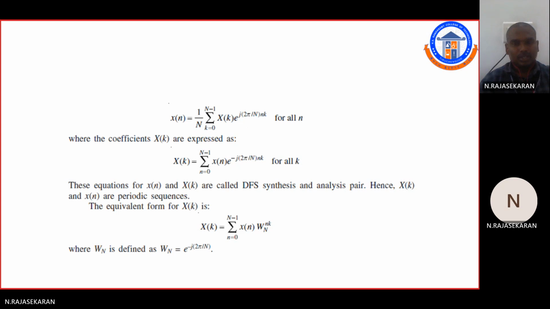If we change the exponential term into W_N, we go with n equal to 0 to N minus 1, x of n W_N power nk. This is the equivalent form of X of k.